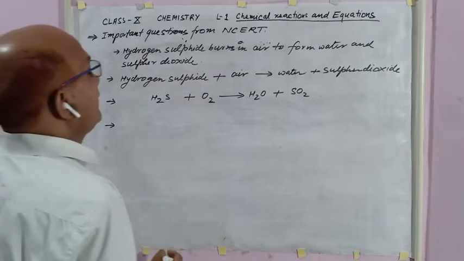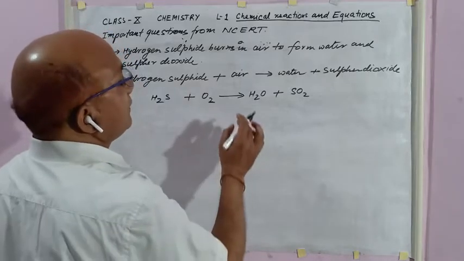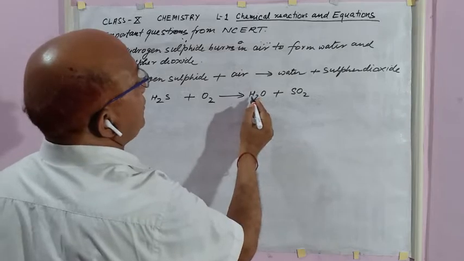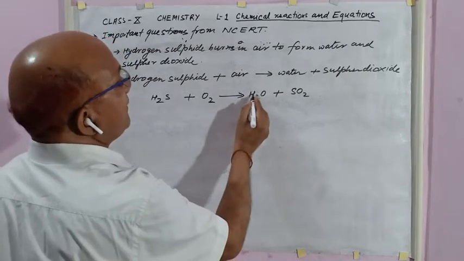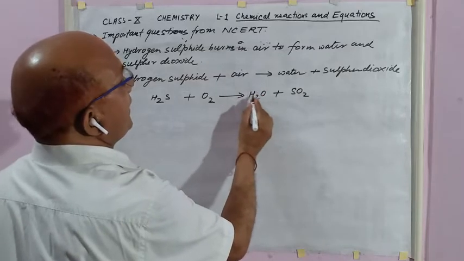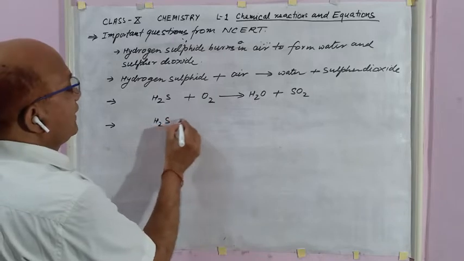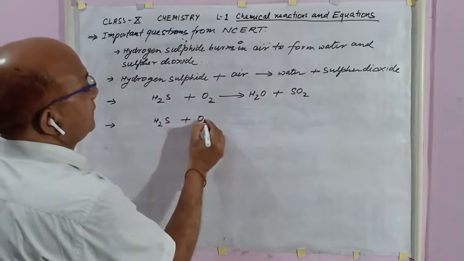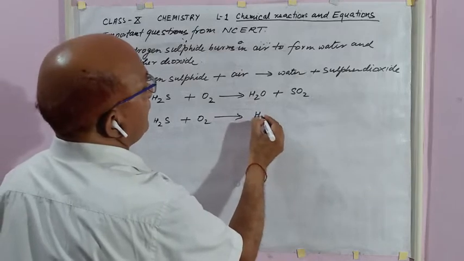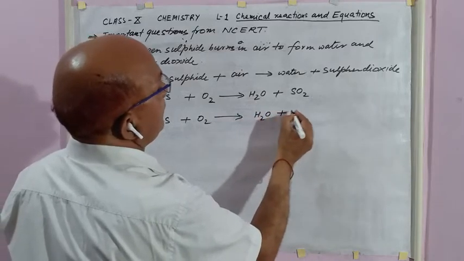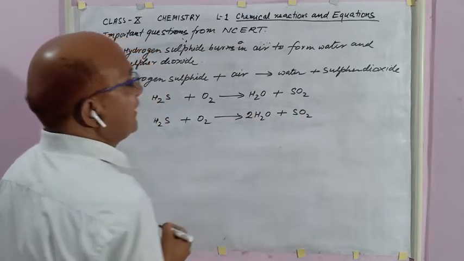So first we will convert it into even number. So we will multiply H2O by 2. So we can write this H2S plus O2, it gives H2O plus SO2, and we will multiply H2O by 2.